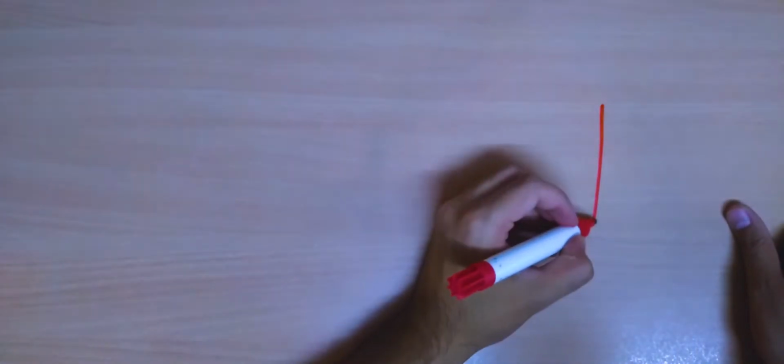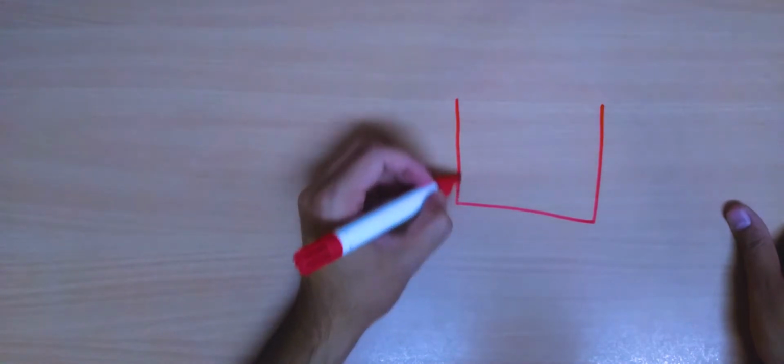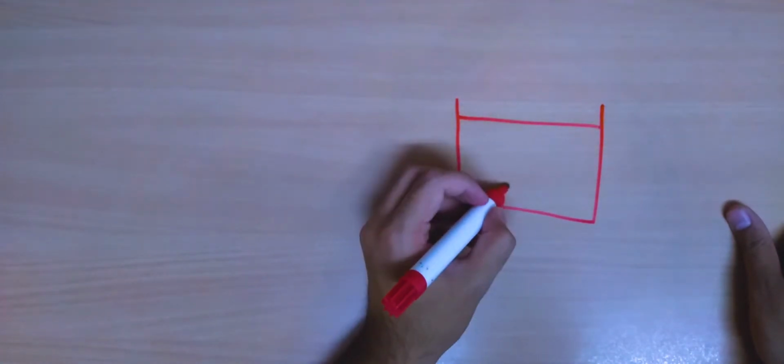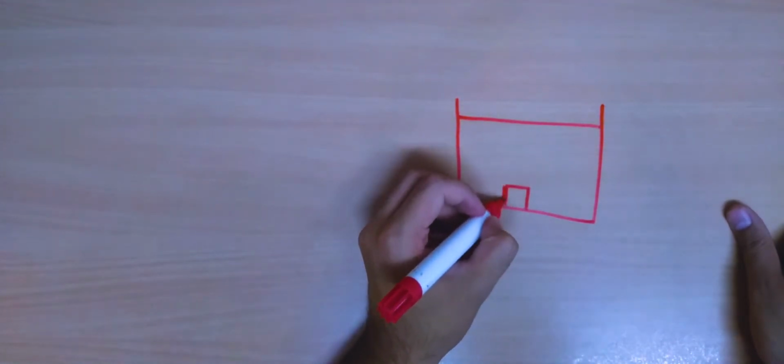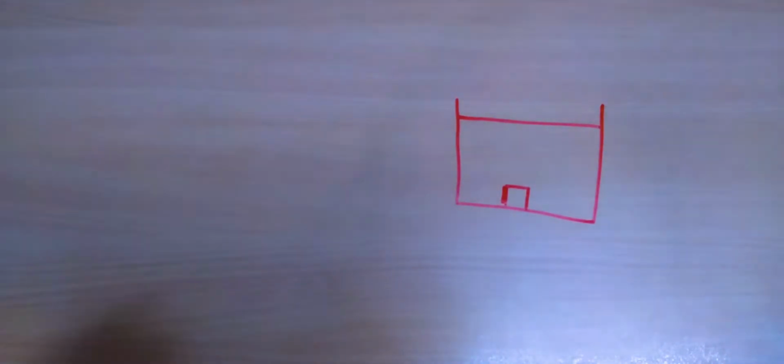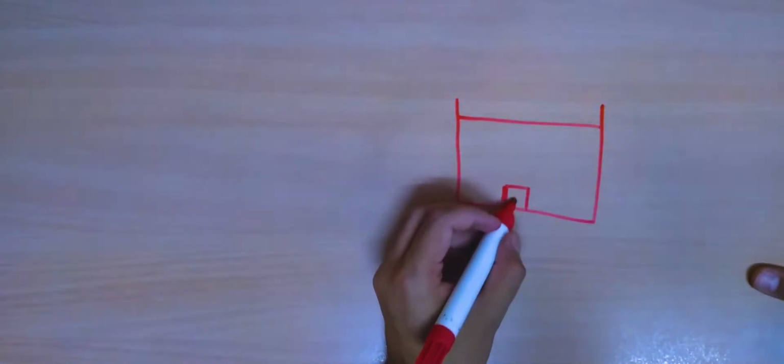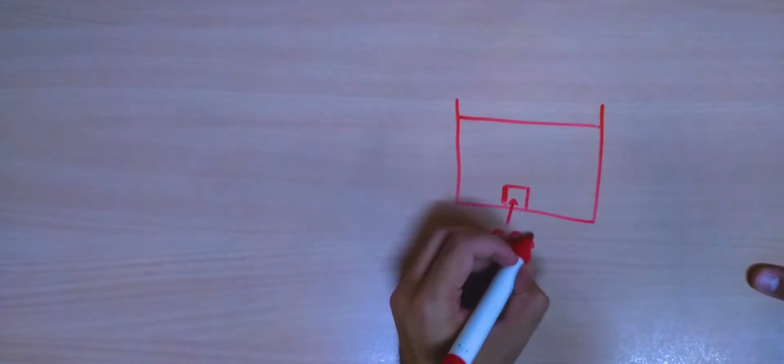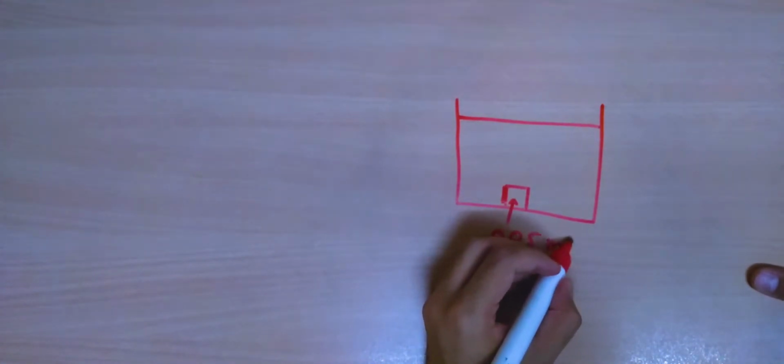So the question says a block of volume 0.05 meter cube is placed completely underwater. Let me draw the diagram quickly for this. Here I have a tank of water and this is my cube placed completely underwater, and its volume is 0.05 meter cube.